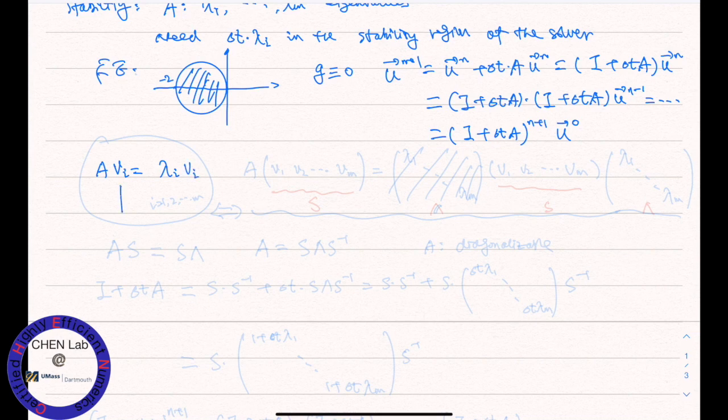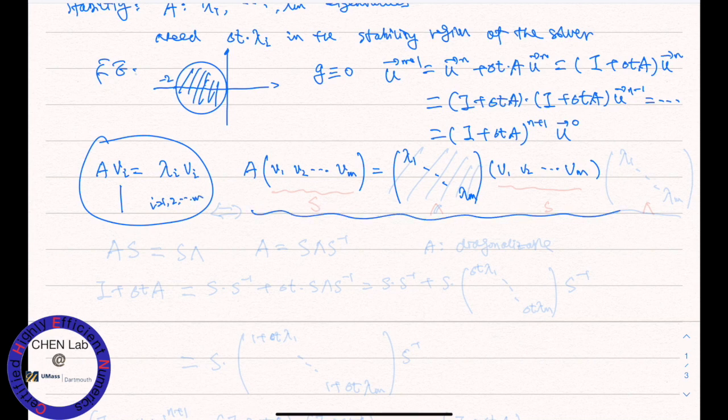Here vi is a vector, so if we write all of them together, you're going to get A times v1, v2, all the way to vm, and this can be written as v1, v2, through vm times lambda 1 through lambda m. Alright, so we are rewriting this. Now here i is from 1 to m, as this, right? The equivalent.